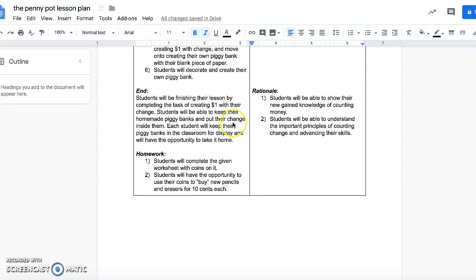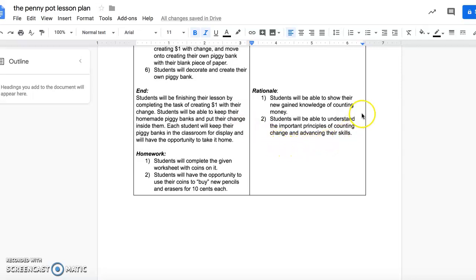In the end, students will be completing their task of creating $1 with their change, and they will be able to keep their homemade piggy banks after they are completed and put coins in them throughout the school year. However, these will be displayed in the classroom in a safe setting, and students can enter their own change and eventually take it home and use it as their own personal piggy bank.